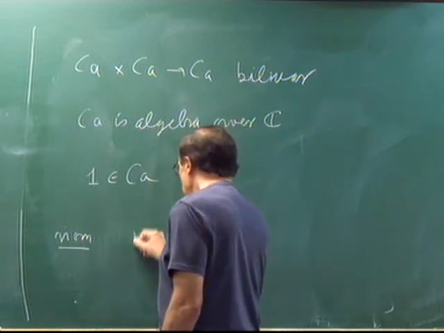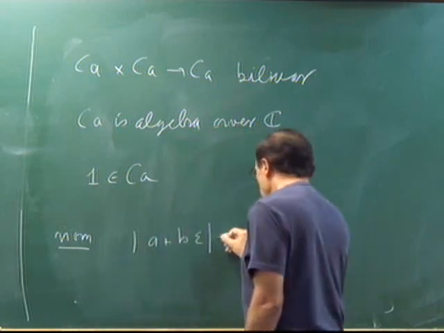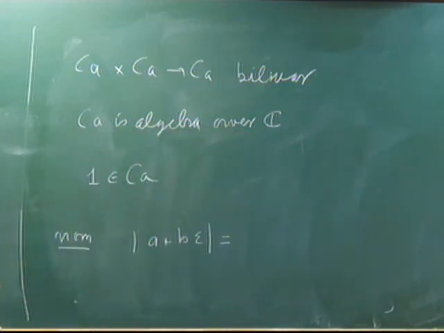So I want to declare what is the length of A plus B epsilon. Well, if I think of a quaternion here, what's the length of the quaternion? It's length of this squared plus length of this squared. Here it would be the real part squared plus the imaginary part squared, and so on.